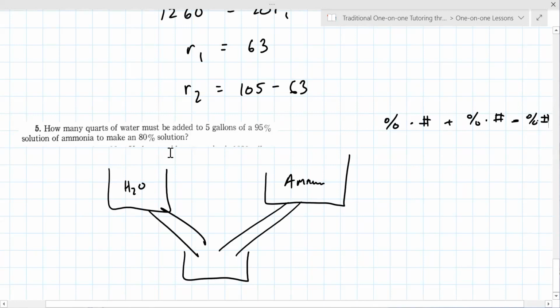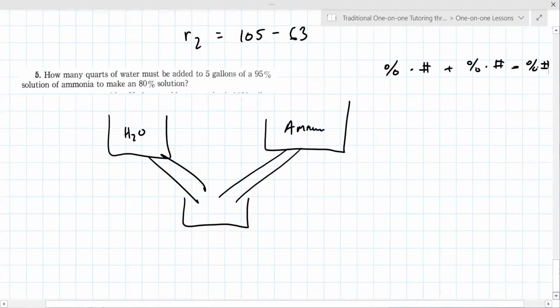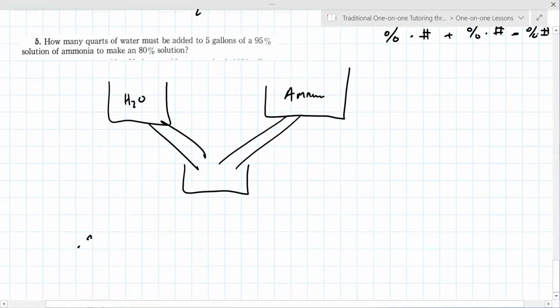You currently have, and the easier one is you have 5 gallons of a 0.95. So that's where we're starting. We're going to start with 0.95 times 5 plus, okay, so we're adding water.